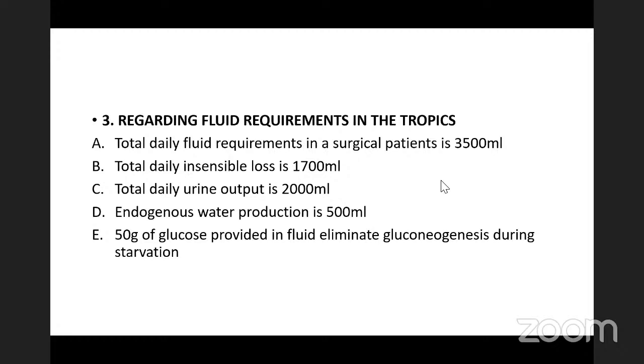Endogenous water production is 500 mils. 50 grams of glucose provided in fluid eliminate gluconeogenesis during starvation. Now, you should know that the fluid requirements of a surgical patient in the tropics differ from the fluid requirements of a surgical patient in a temperate region.